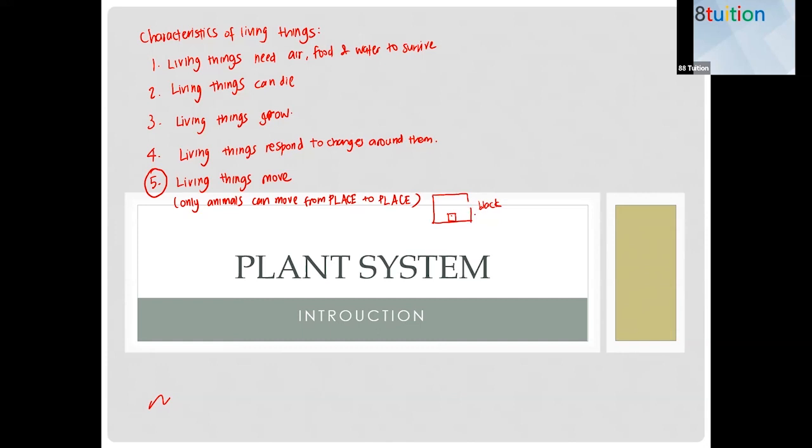So there's a hole here. And then the sunlight will of course be here. You will notice that after some time, the plant will start growing in the direction of the hole. So that is an example of the plant moving. All right. So remember, plants do not move from one place to another place, but they can move.